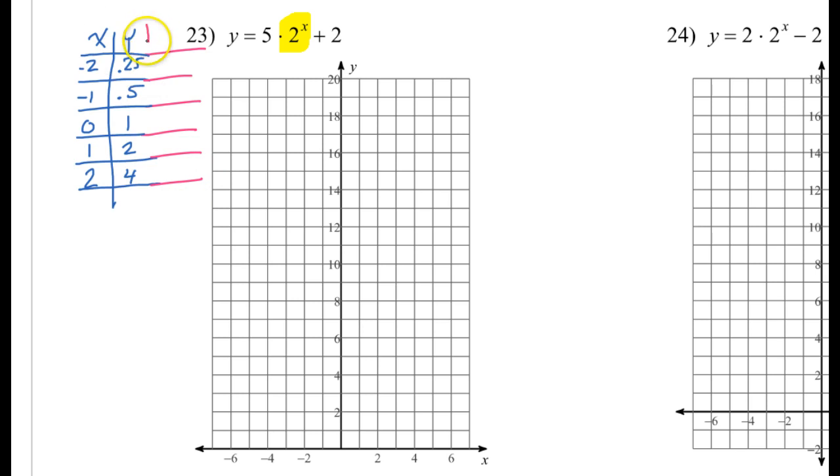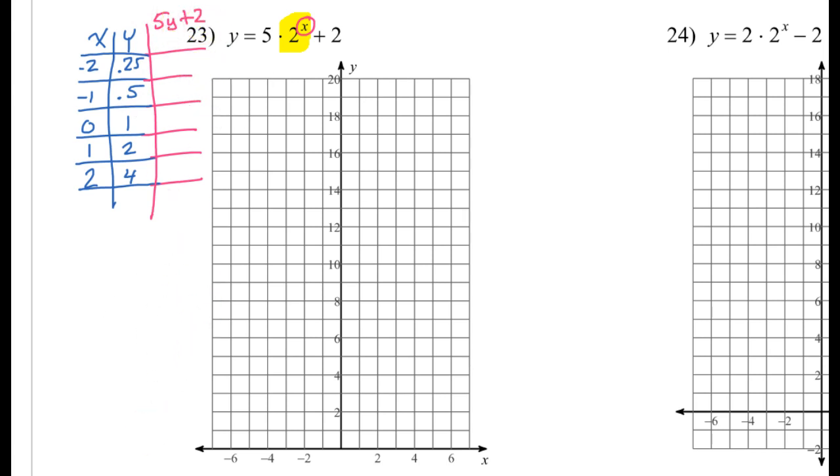All right, anything outside the function is going to produce a new y column. There's nothing happening inside the exponent, so only the y's. So I have 5 and I have this 2. So my new y column is going to be 5y plus 2.